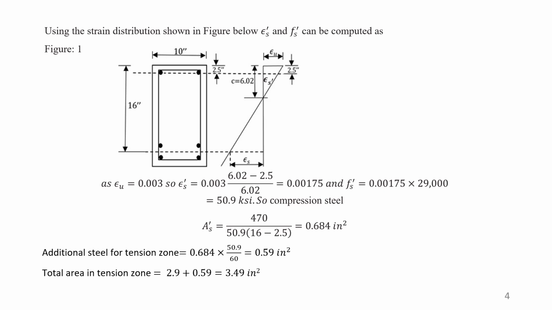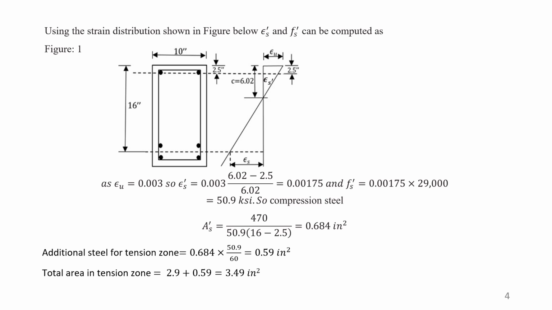The neutral axis depth is 6.02, and at the top, at the failure or design condition, epsilon u is 0.003. We take it as 0.003 for all strengths of concrete. And from this 0.003 and the neutral axis depth of 6.02, we can find out epsilon s prime from the triangle properties.